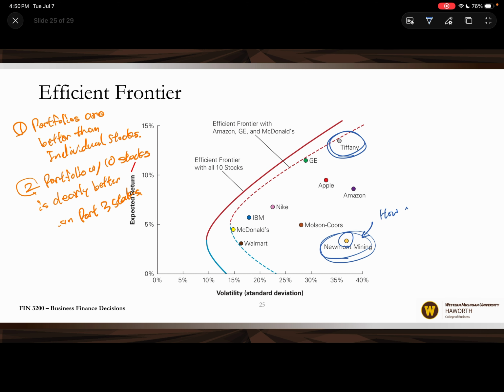How are they still existing in the market when these things are clearly superior to Newmont Mining? So the right answer is, if we're just talking about individual stocks, this doesn't have a place in the market. It won't exist. But as we talked about, Newmont Mining serves the purpose of diversification.